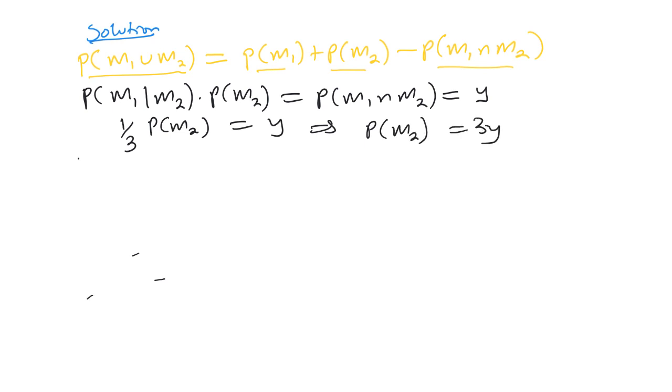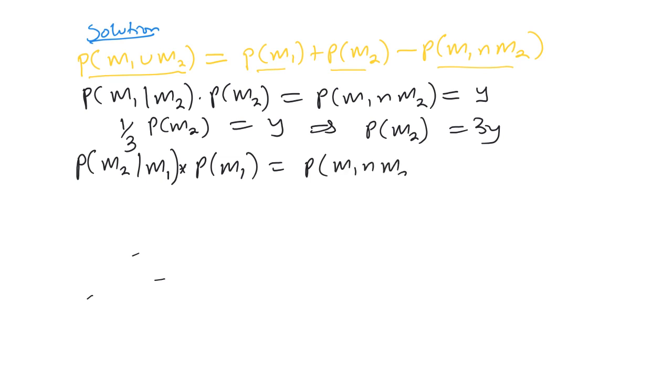Also, the probability of M2 given M1 times the probability of M1, let me use multiplication, is equal to the probability of M1 intersection M2, and still equal to Y.